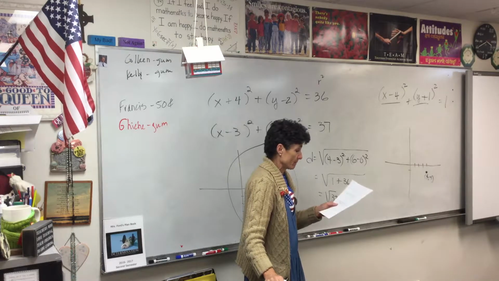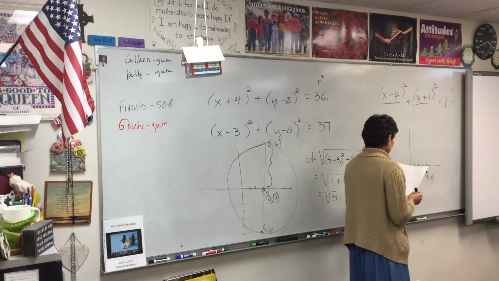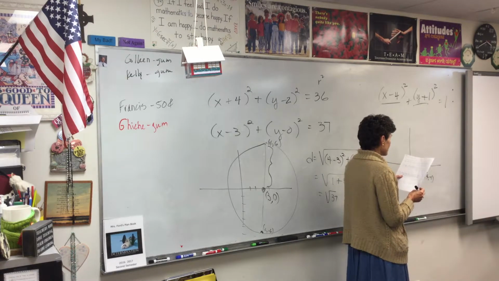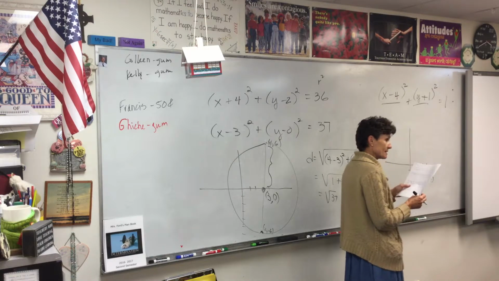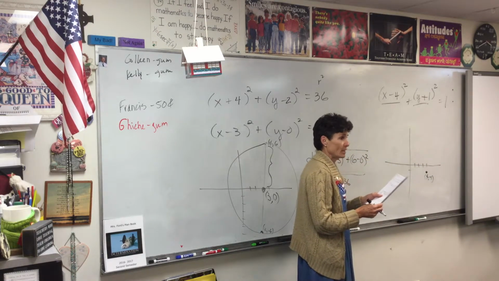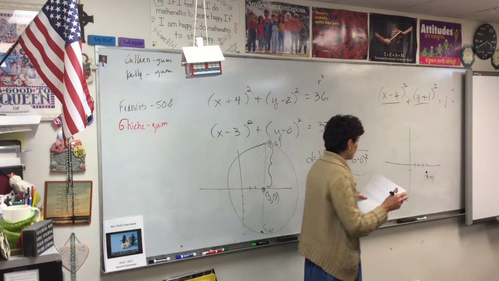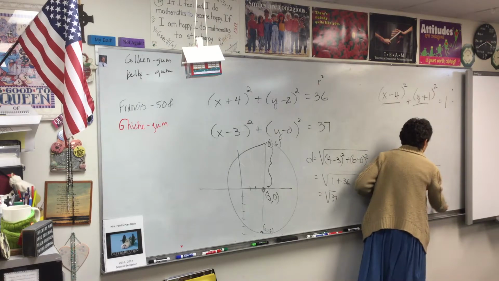Haven't done any work. The major axis has a length of 16, and the minor axis has a length of 4, and it is stretched vertically. Now, stretched vertically means that the ellipse is like this, right?